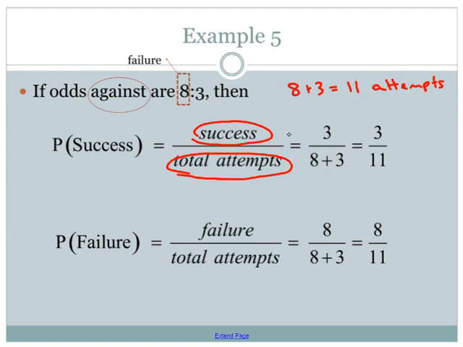Hence, if the odds against are 8 to 3, then the probability of a success is 3 out of 11. Now the probability of a failure is just switched around. We take the number of failures, which was 8, and divide it by 11, the number of attempts.